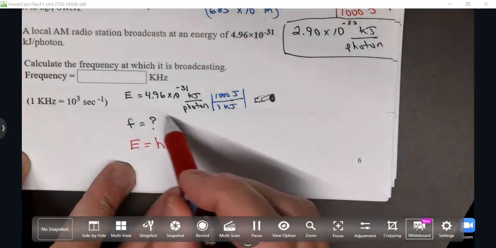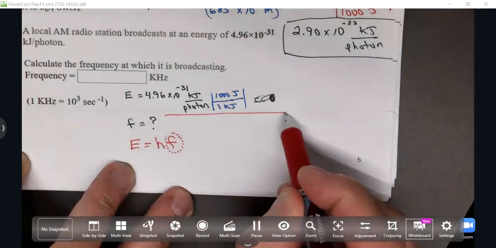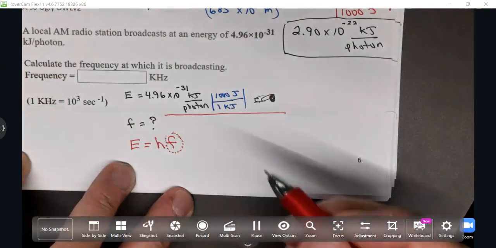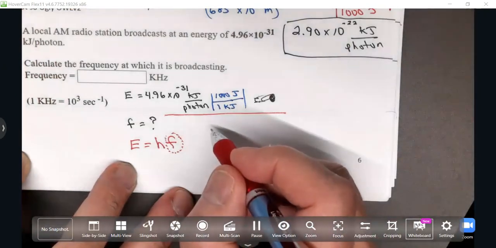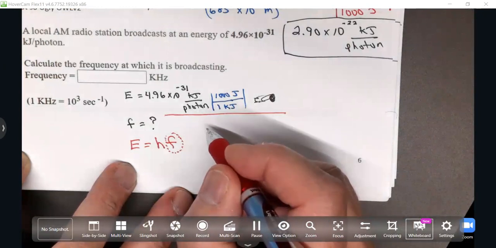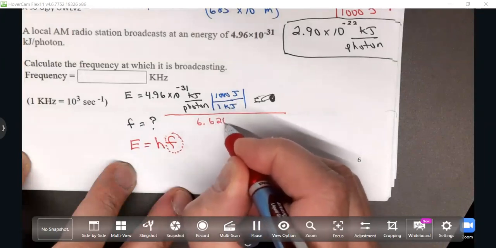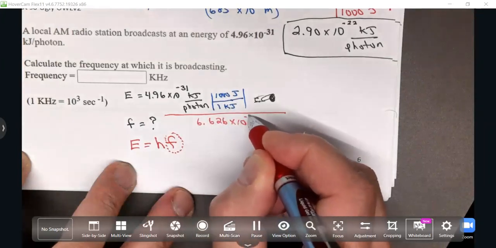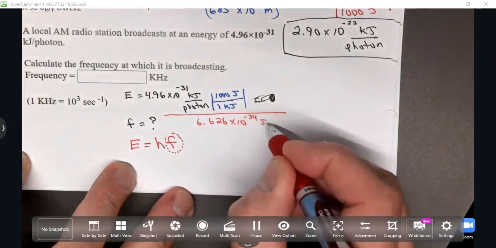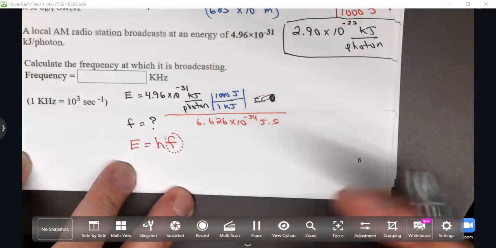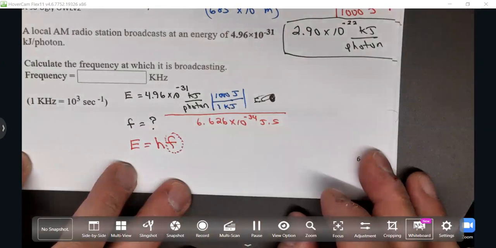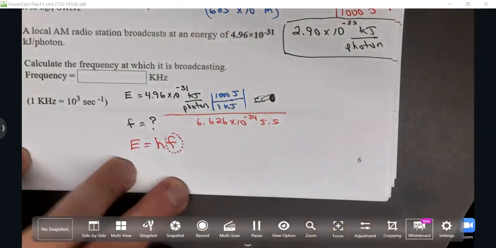Because we want our frequency. Let's just put our line in right here. If we divide by Planck's constant, which is 6.626 times 10 to the minus 34, what do we get out of this calculation?